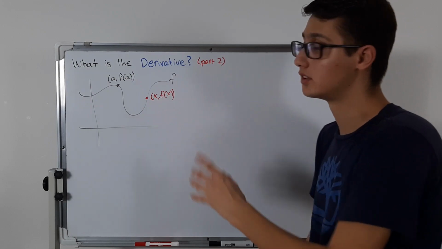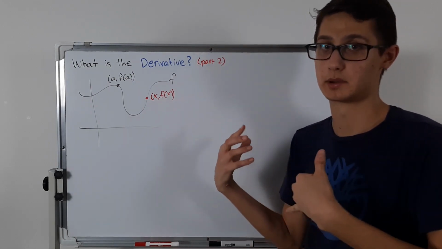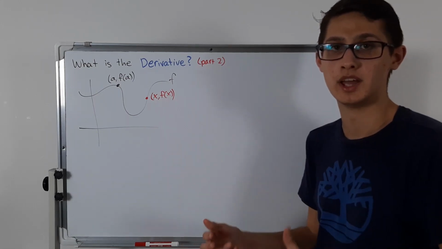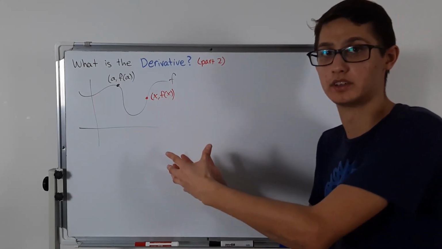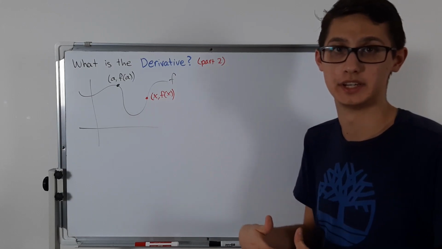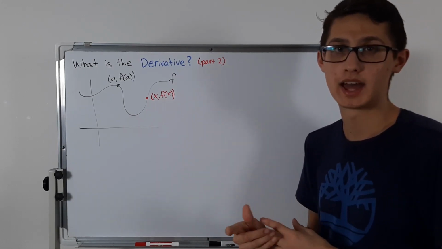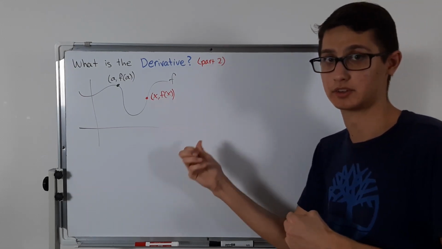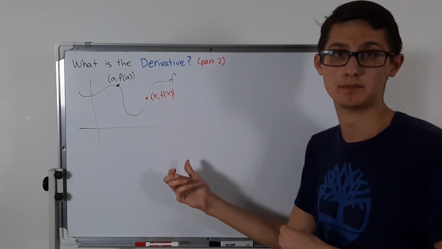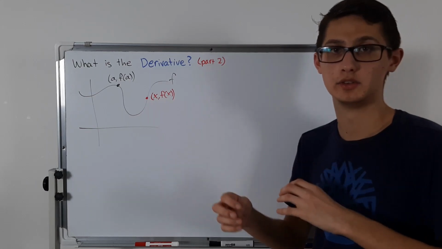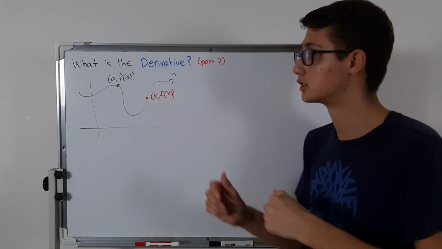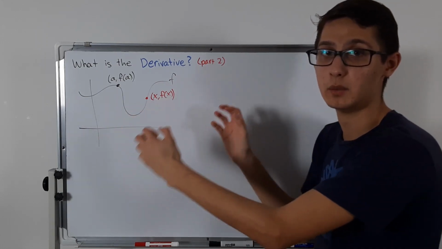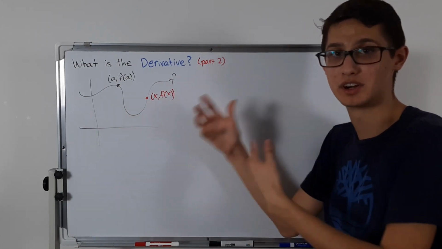The difference here is that the formula I'm about to share is typically used when you're trying to compute the derivative at a point. The formula from the last video can be used to do that, but it's not very common to evaluate the derivative at a particular point using it. That formula is usually easier to use when you're evaluating the derivative of the function over its entire domain, which gives you a new function as the answer.